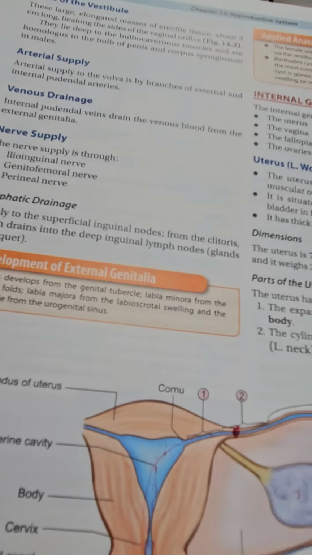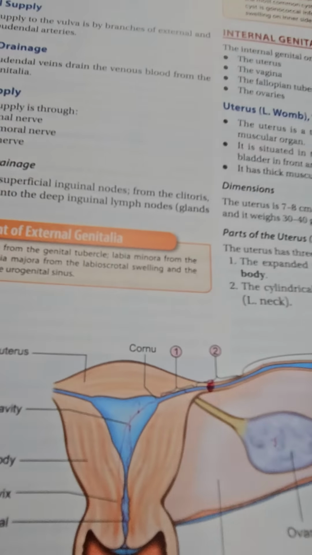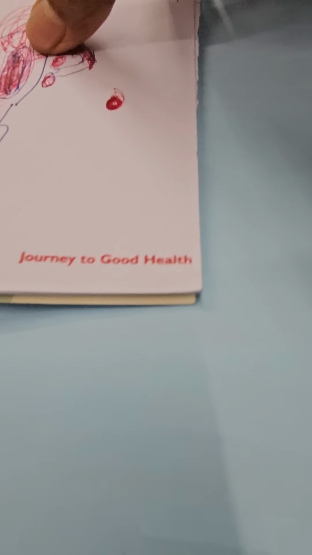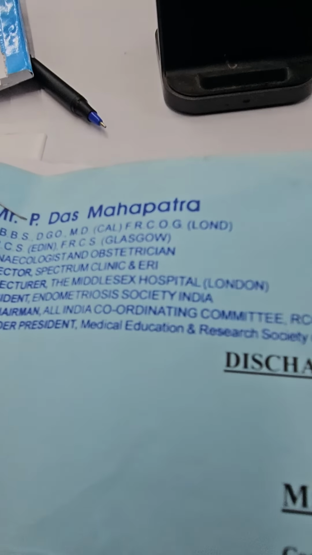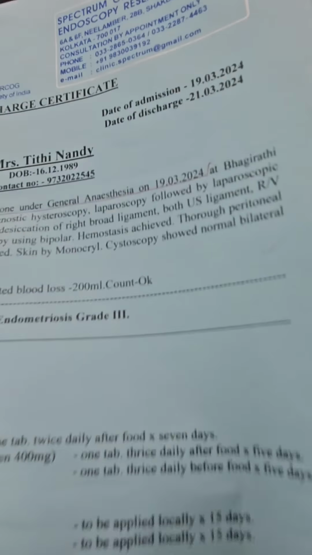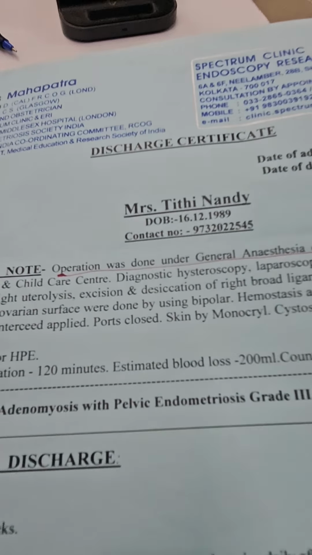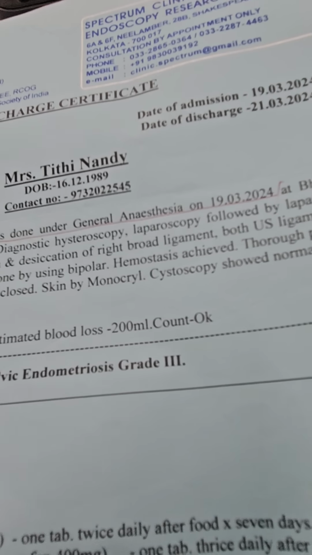She had been suffering from this endometriosis for a long period of time, and she consulted an allopathic gynecologist, Dr. P. Das Mahapatra, the renowned endoscopic and laparoscopic surgeon, and an operation was already done under general anesthesia on 19th March 2024.